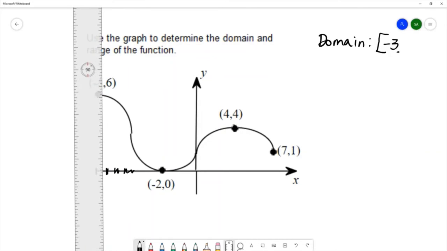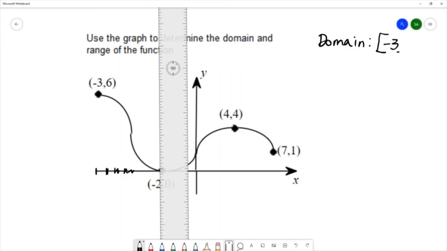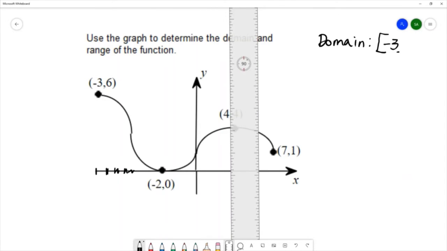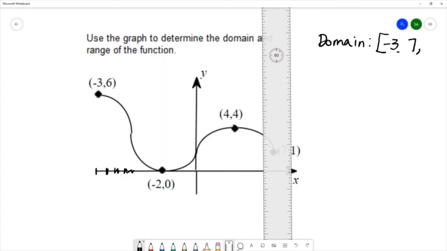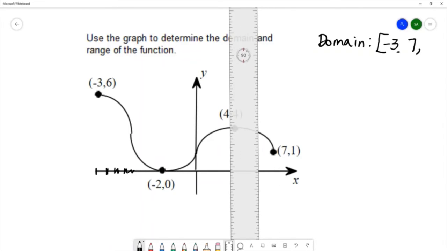I continue to hit as I go from left to right, and I keep hitting the graph all the way until I get to this point over here, and this value is (7, 0). So my domain is going to stop at 7 because I no longer hit the graph after that point. And just like on the last one, that endpoint, (7, 0), is a filled-in circle, which means it's part of the graph.